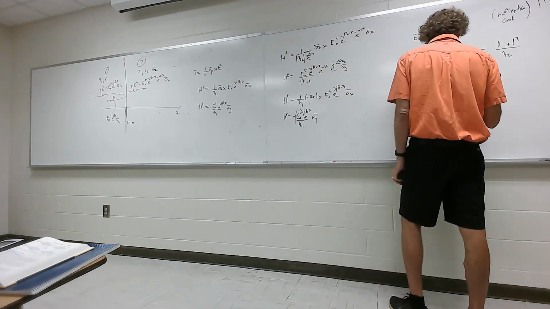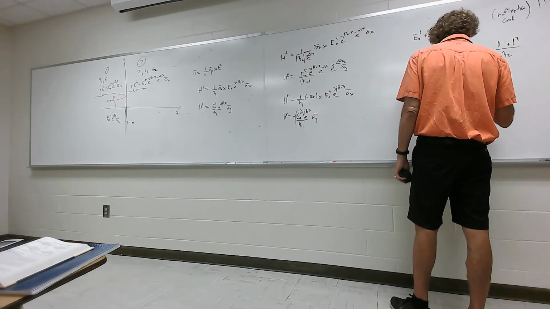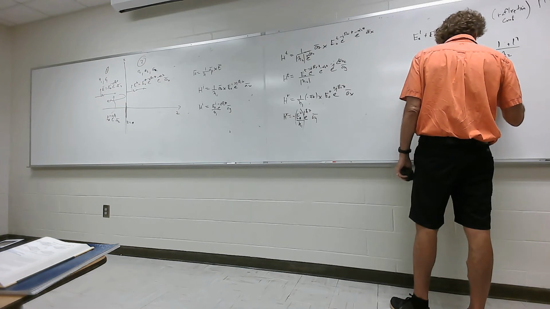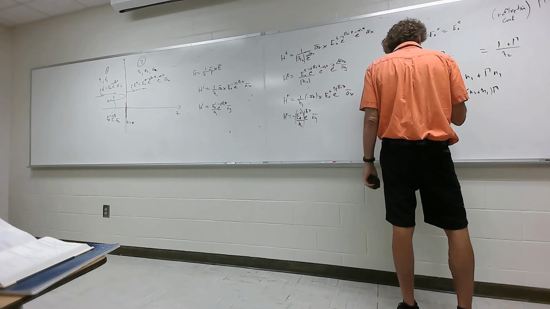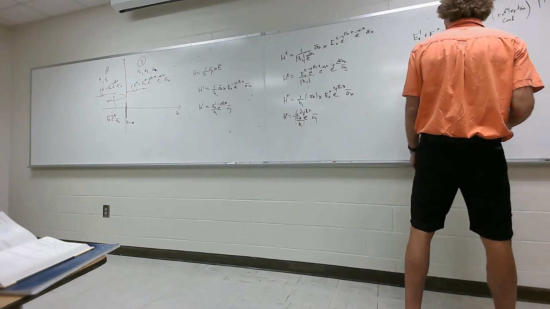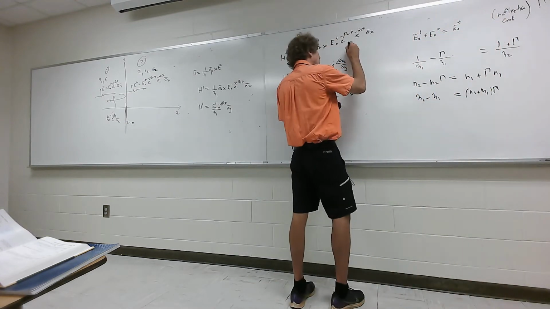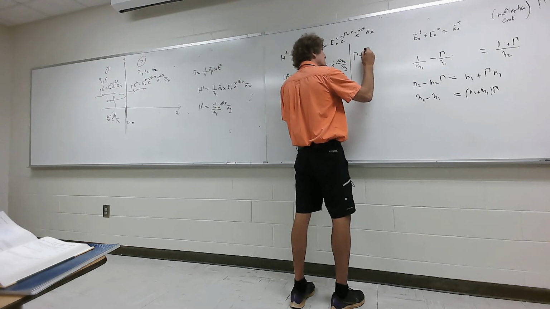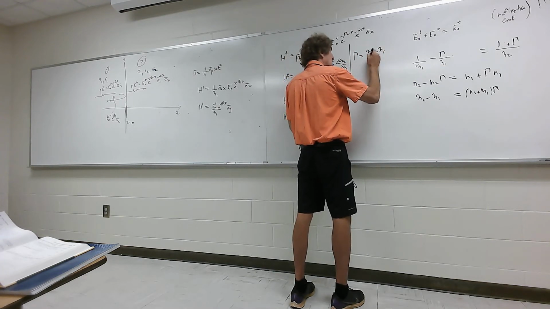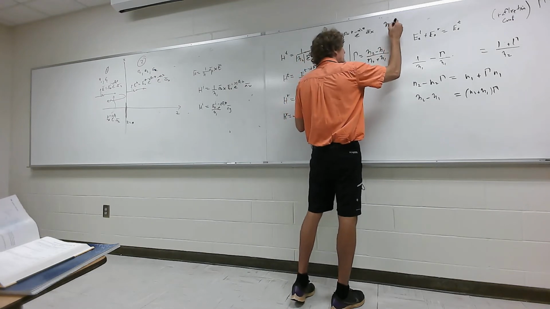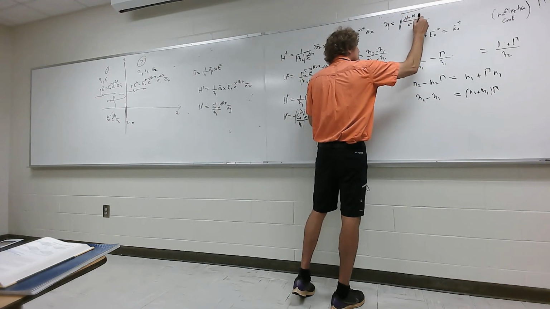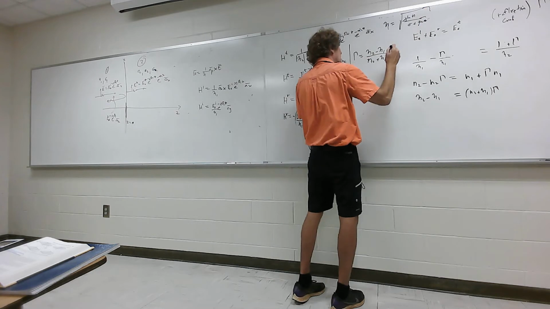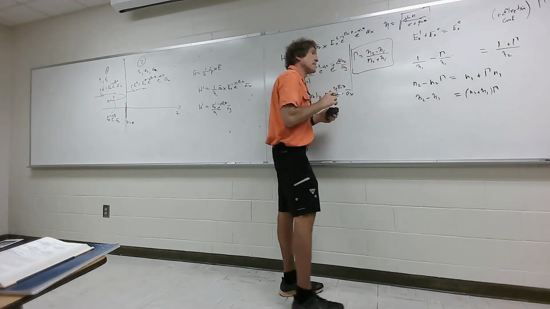I take this to this side, and now I get the quantity η2 plus η1 times gamma is equal to η2 minus η1. Or finally, I can just write that the reflection coefficient itself is equal to η2 minus η1 over η2 plus η1. And of course, η is equal to the square root of jωμ over σ plus jωε. So that's the reflection coefficient.